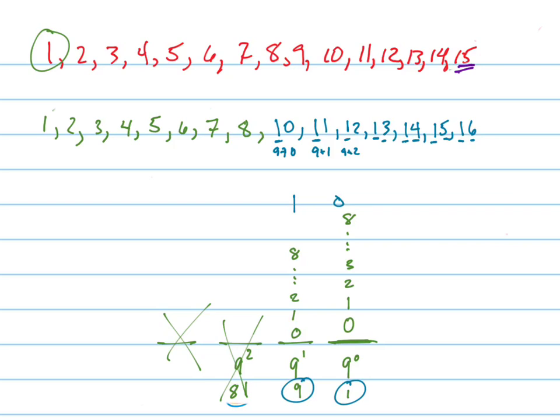No, this isn't 16. This number is 15, because it's base 9. What does 1, 6 in base 9 mean? Yeah, I get it. 1, 6 in base 9 would be a 9 plus 6, which equals 15. That's what base has to do with changing the base.